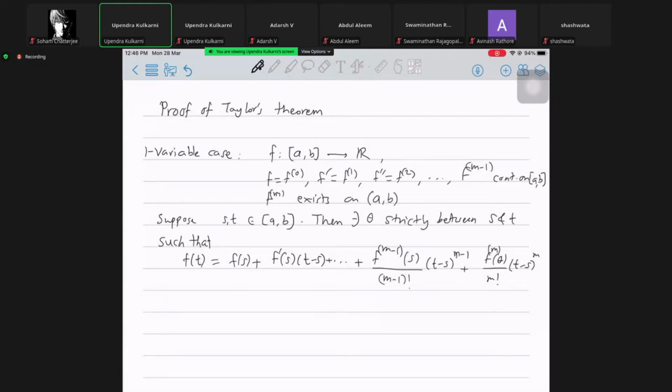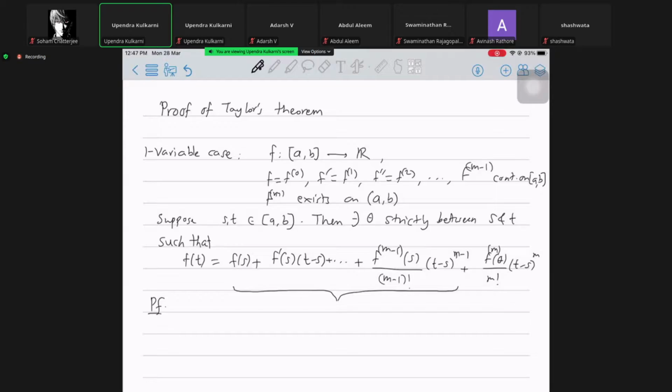So, proof. The idea is that I am going to use this polynomial expression. I can think of this as a certain polynomial evaluated at the point t.